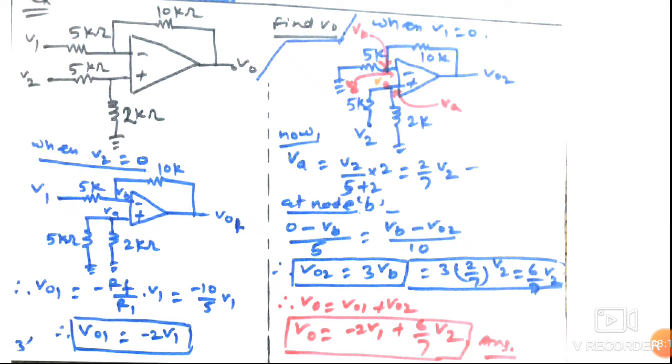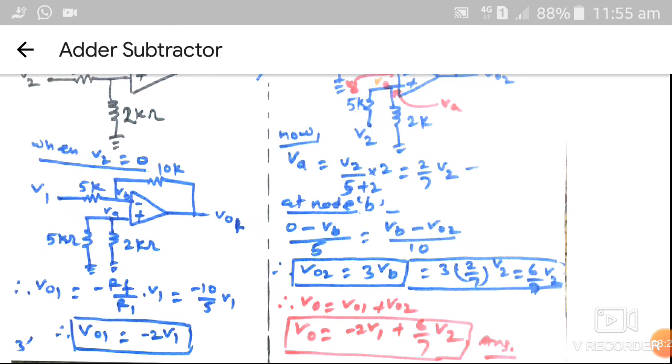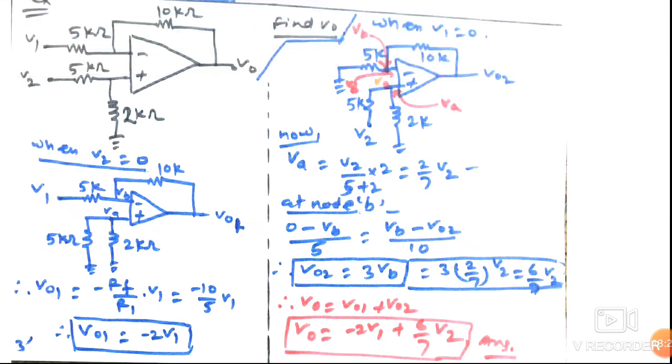Now we can apply nodal analysis at node B. So we can write 0 minus VB upon 5 kilo ohm is equal to VB minus VO2 upon 10 kilo ohm, that is the feedback resistor.